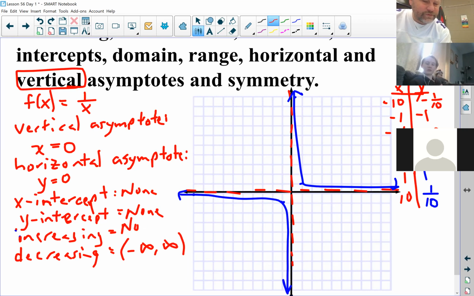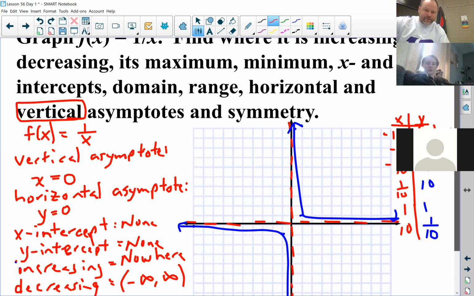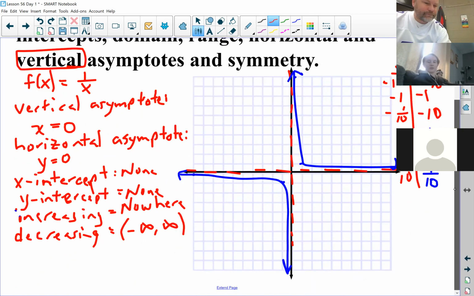And that would mean it's increasing nowhere. We got the intercepts, minimum and maximum.